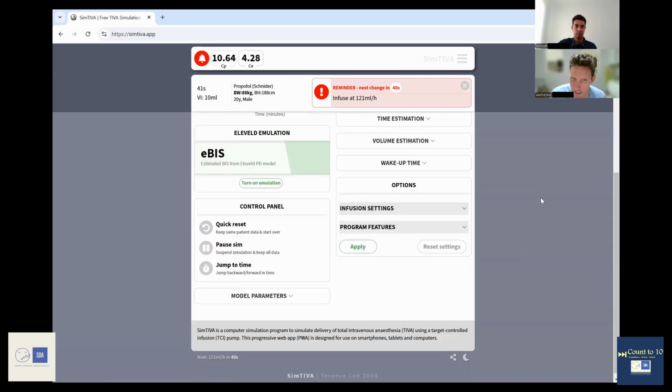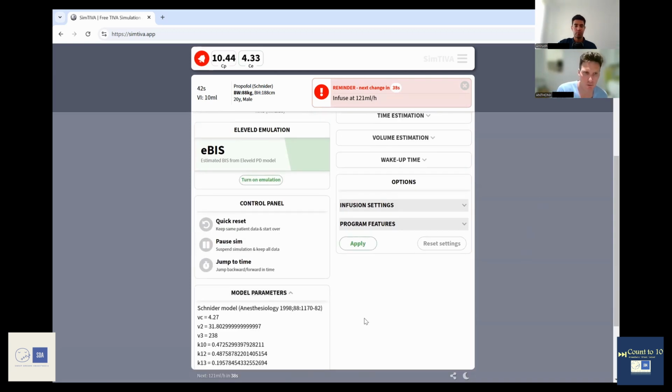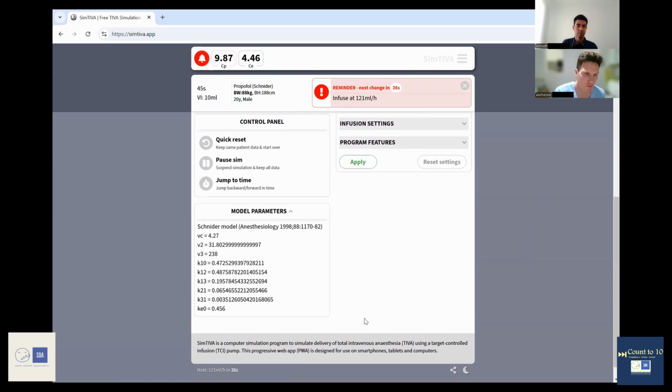Now, the easiest way to think about it, if you scroll down to the model parameters, they are kind of all over the shop. They are completely different to the Marsh model parameters. Notably, the volume and distribution of the central compartment is very, very low. It was 20 litres for this patient in Marsh. It is now 4.27 litres in Schneider, and it does not change at all.